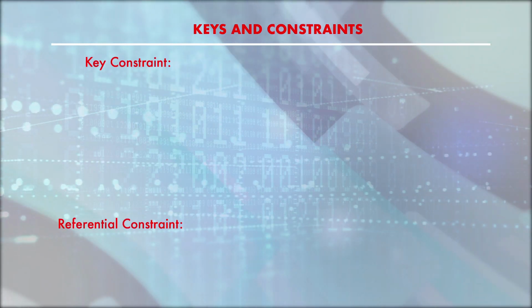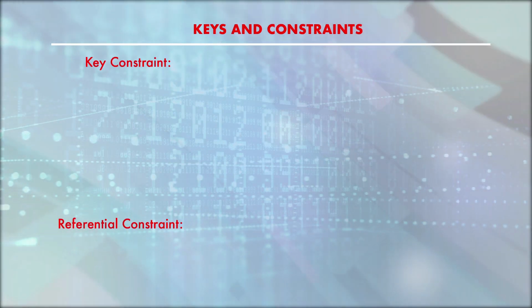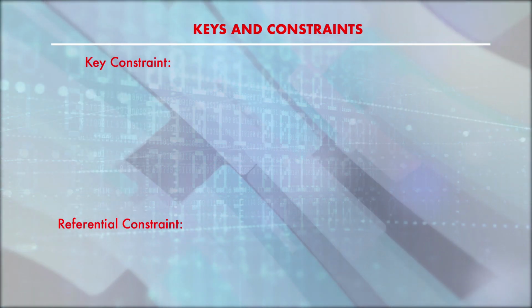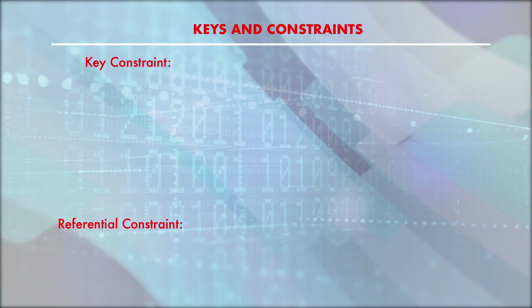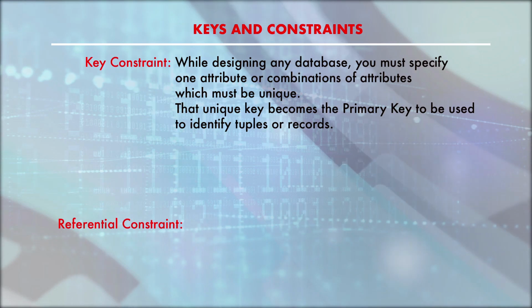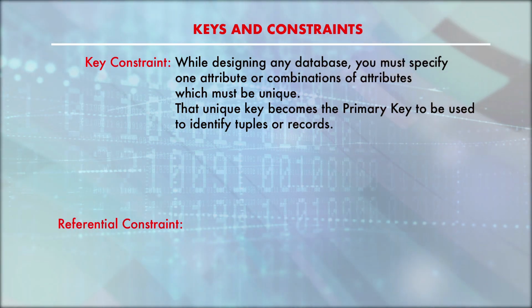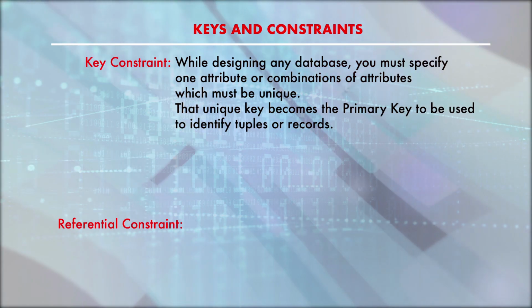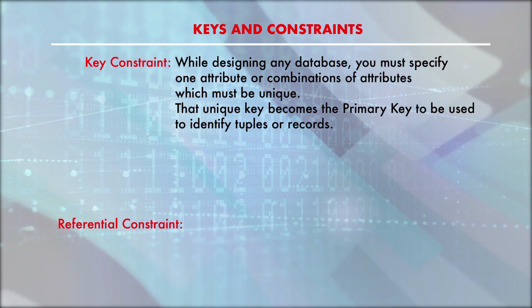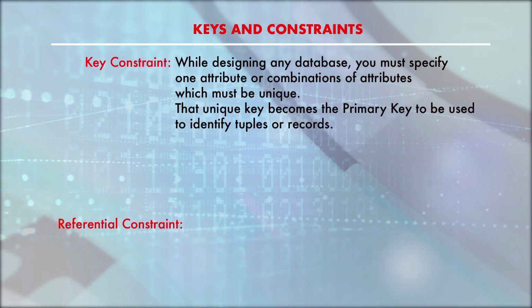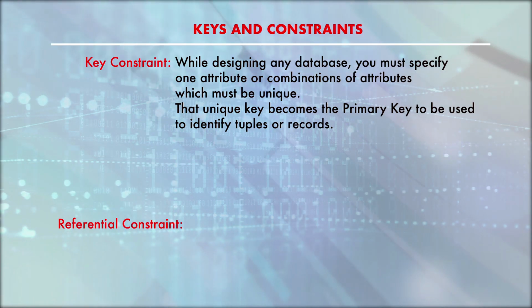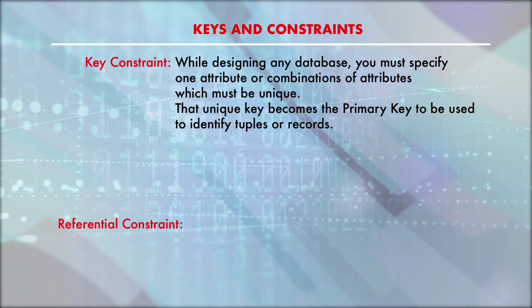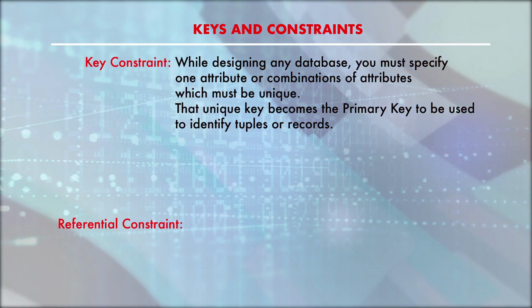Let me try to visualize the keys and constraints in a little more depth with the help of one example. While we are designing a database, or some mechanism to store the data which is generated for our application, it is nothing but a combination of different attributes which make up the specific table.